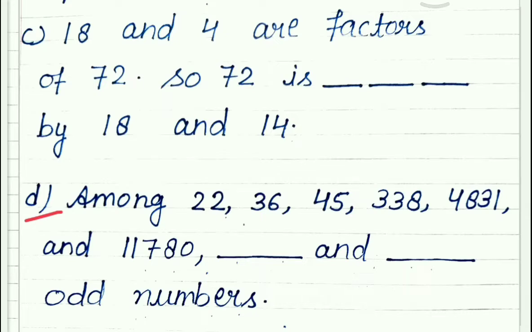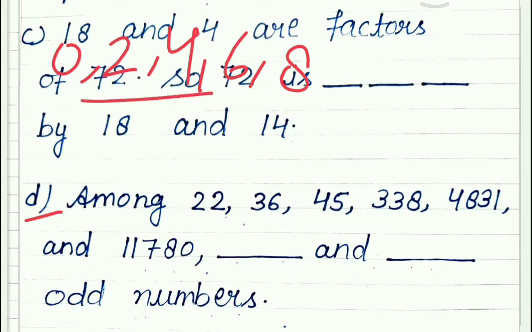Otherwise we can simply check the last ending digit: those having last digit 0, 2, 4, 6, 8 are even numbers, and those not having last digit 0, 2, 4, 6, 8 are odd numbers. So we only check those numbers which do not end in 0, 2, 4, 6, 8, otherwise they are divisible by 2.